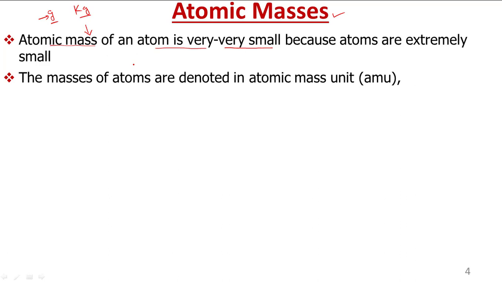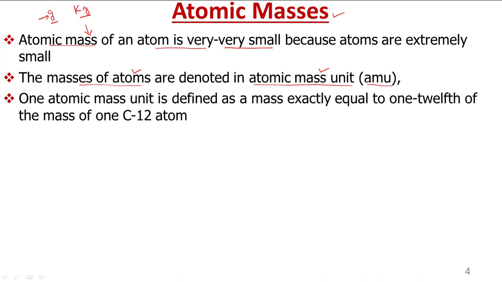But if the weight is very small, as in the case of atoms or subatomic particles like neutrons, protons, electrons, then the unit used to represent the mass of atoms is called atomic mass unit, abbreviated AMU. Simply, the atomic mass unit is the unit used to describe the mass of atoms, which is very small.